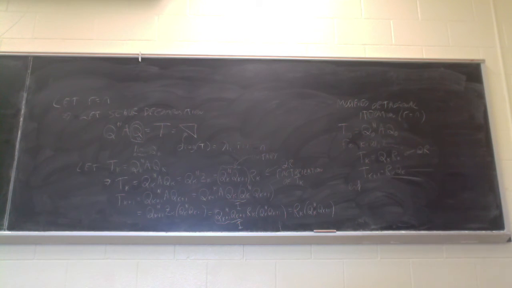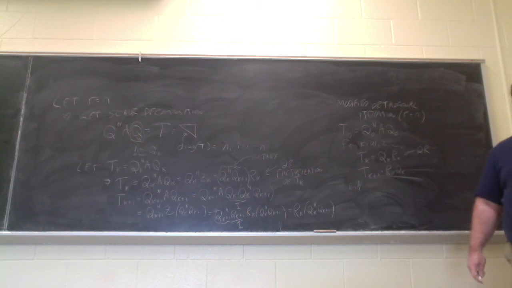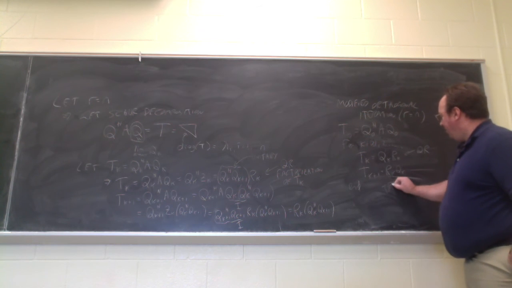And then if it converges, then this matrix TK, which initially is A, or something closely related to it, will hopefully converge to upper triangular form. And so actually, here's what is a good idea. Try this in MATLAB.